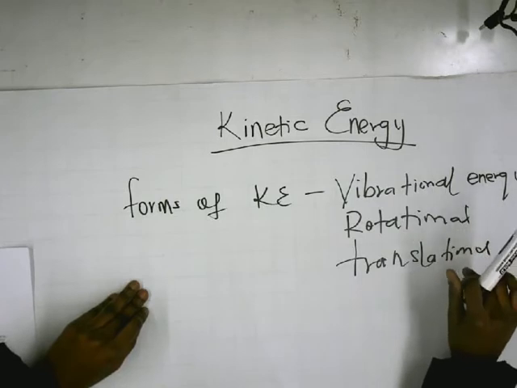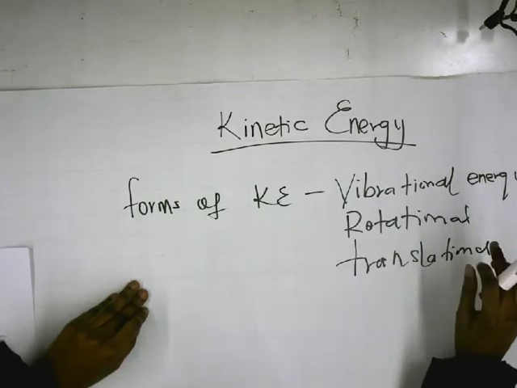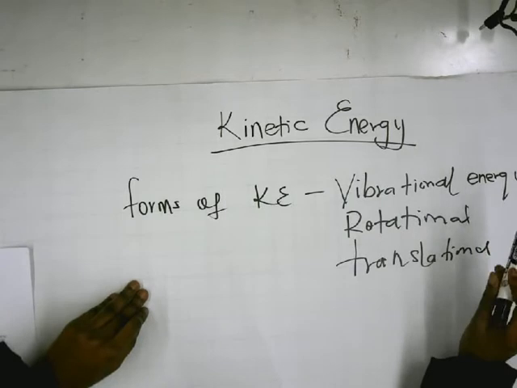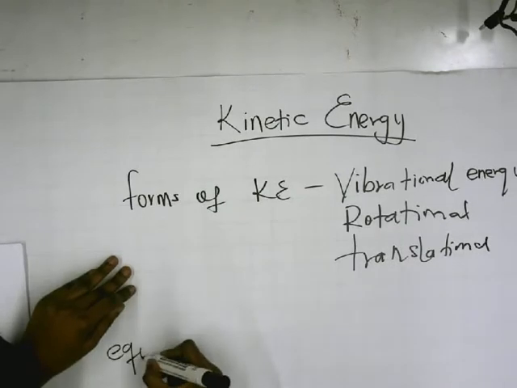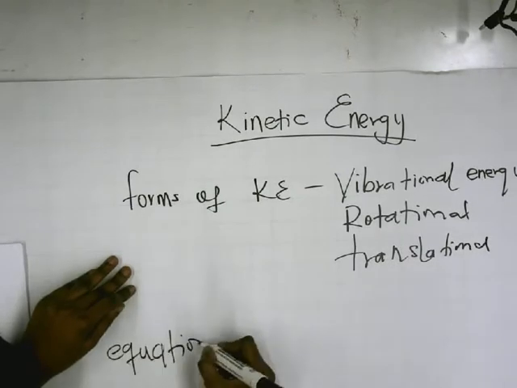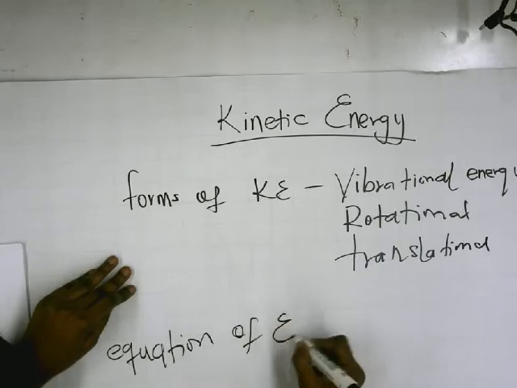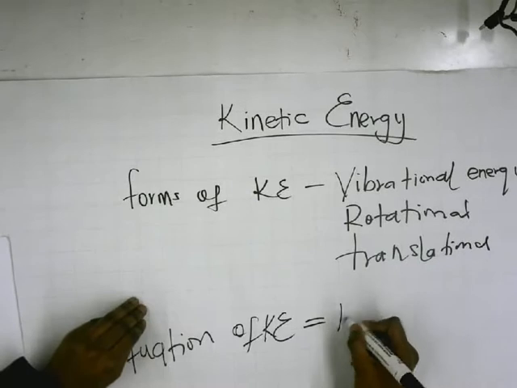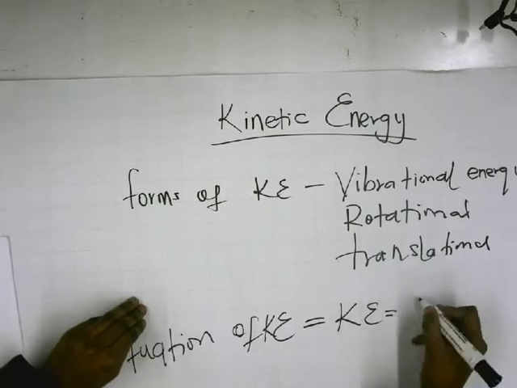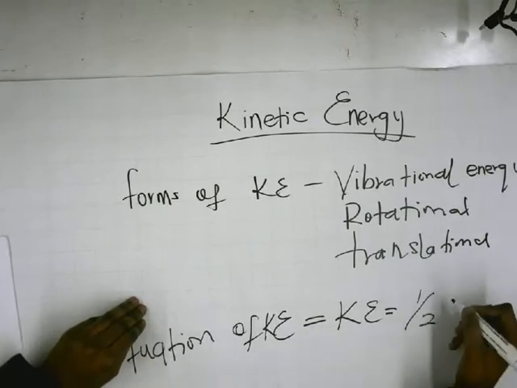The equation used to represent the kinetic energy of an object is KE equals one half times mass times velocity squared.